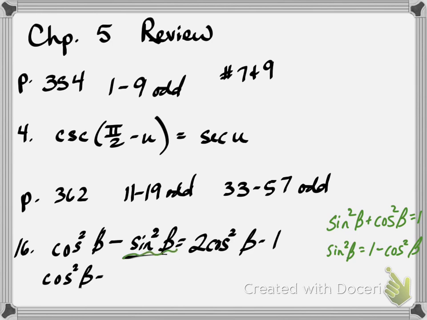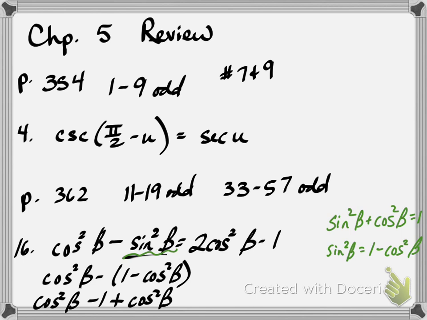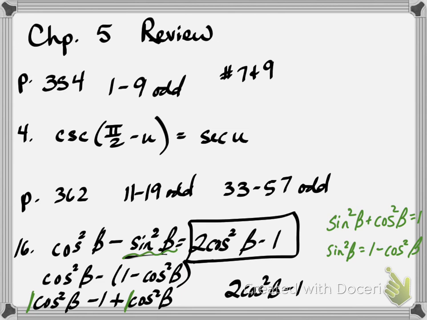So replacing this with 1 minus cosine squared beta, distributing my negative, minus 1 plus cosine squared beta. I have one of the cosine squared betas plus another one, so that's 2 cosine squared betas minus 1. And that's what we were going for.